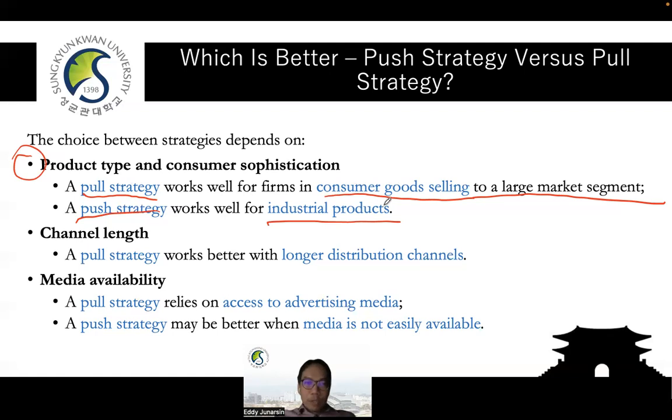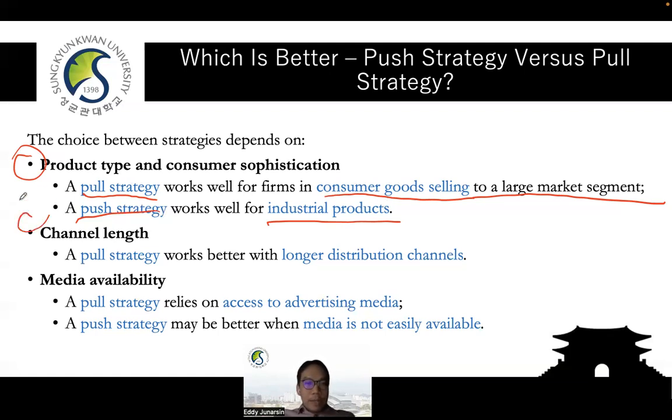So the push strategy, like personal selling or direct selling, might be more effective, because if we do mass advertising to the mass media, it will be a lot of waste, a lot of residuals might come up from the process, because the target audiences that we aim at are very specific, right? We are not advertising to many people everywhere, many segments, but aiming at certain segments, because we are selling very specific products, like industrial products.